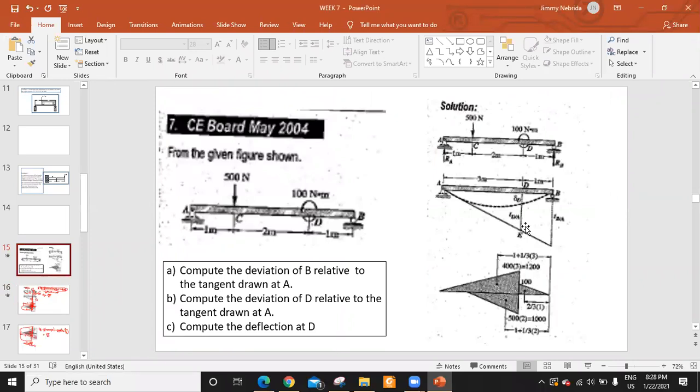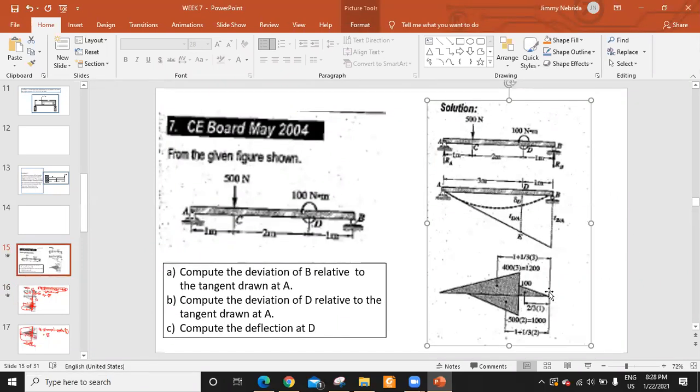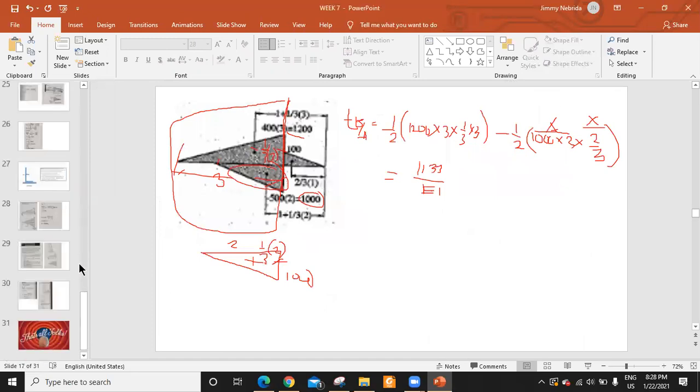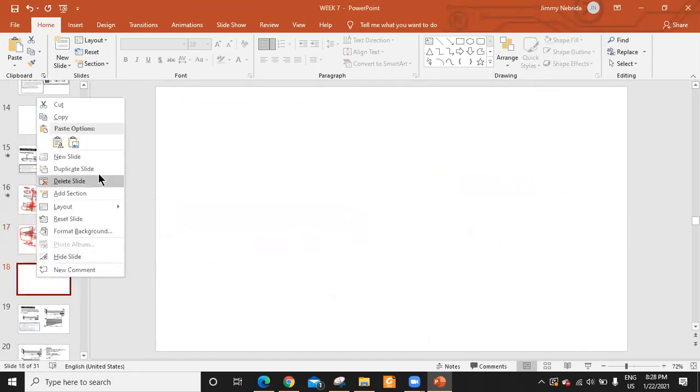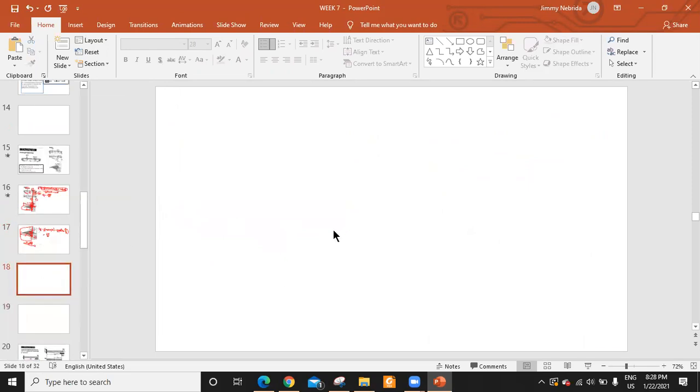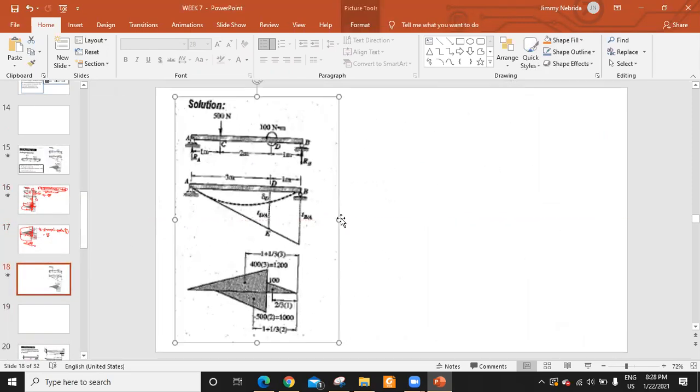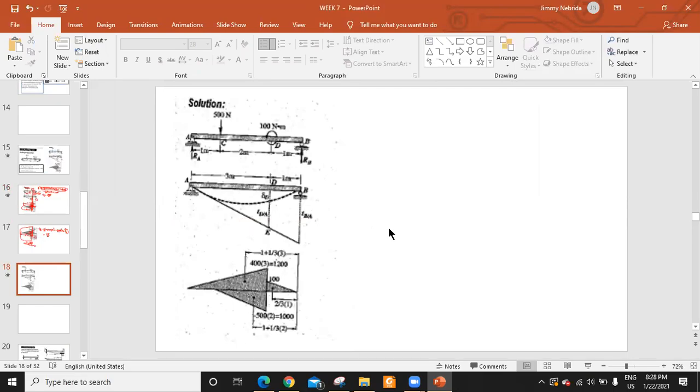Ito ang, let me copy this one. Okay, deflection at D. So ito na yung kukompute natin. We already have this triangle.